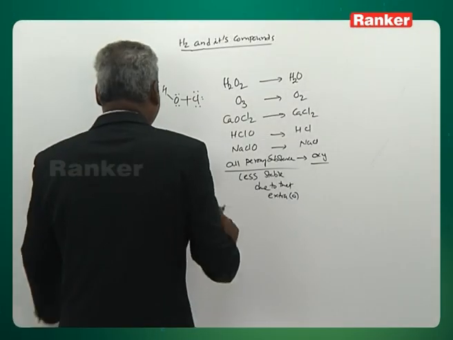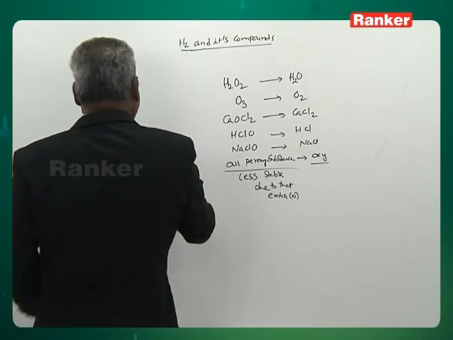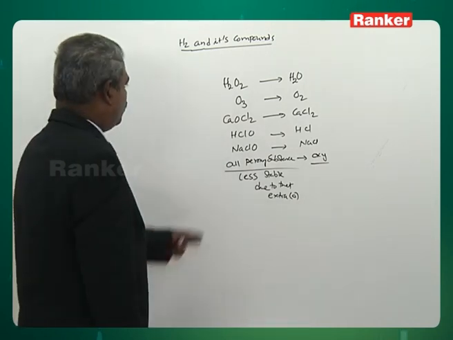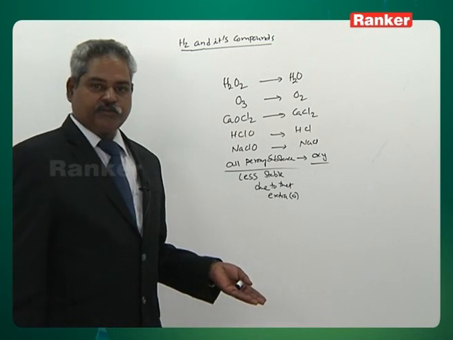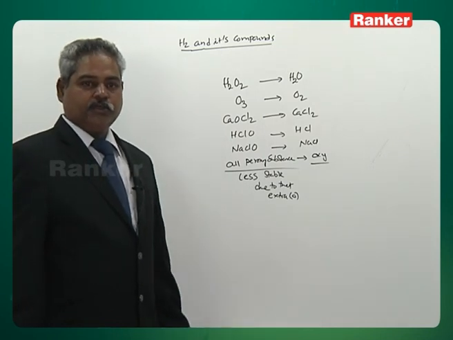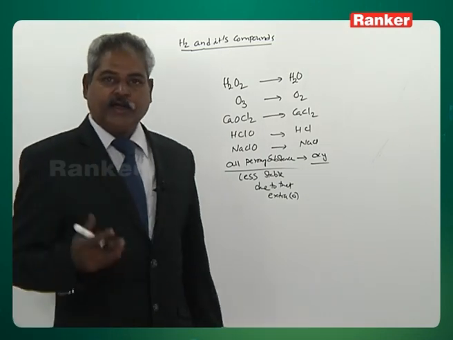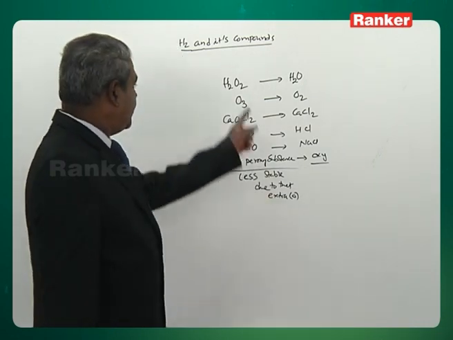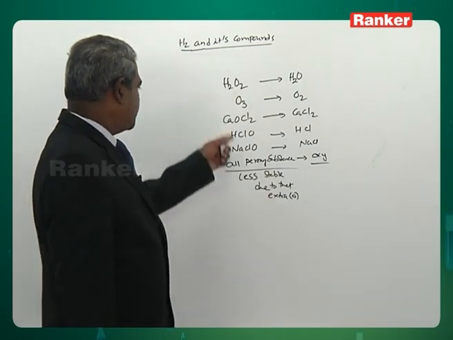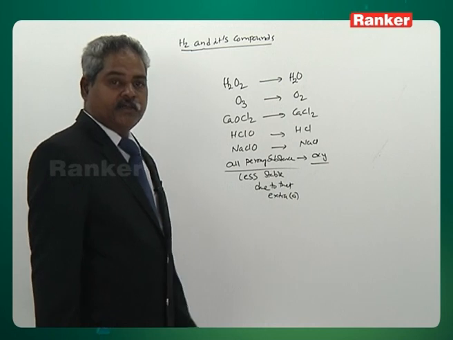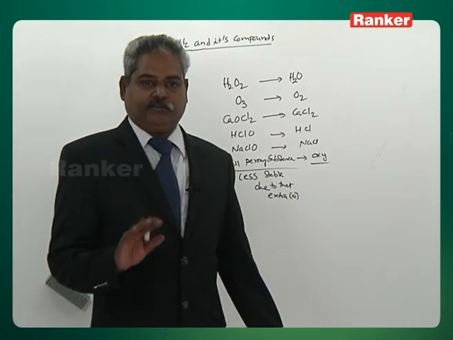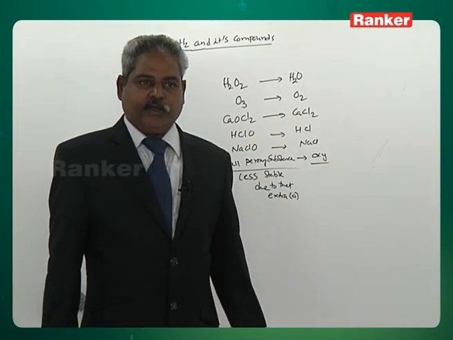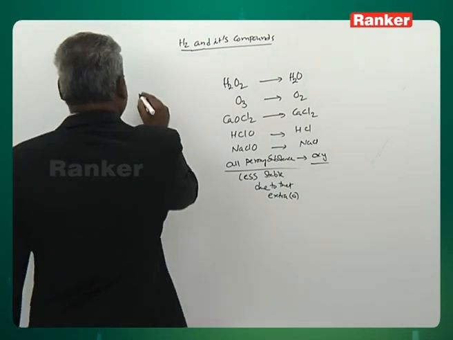And now that extra oxygen will come in handy. All these are laboratory reagents. Laboratory reagent means if you want to oxidize somebody, reduce somebody, you can use any one of them. They are all oxidizing agents and reducing agents, because they can simply give an oxygen. They will give an oxygen, and in fact they can even take an oxygen.